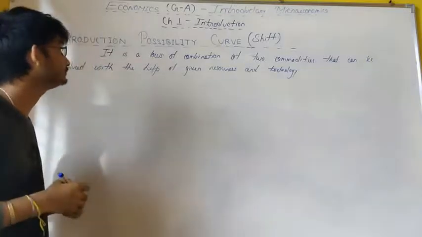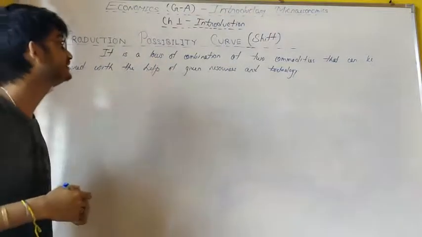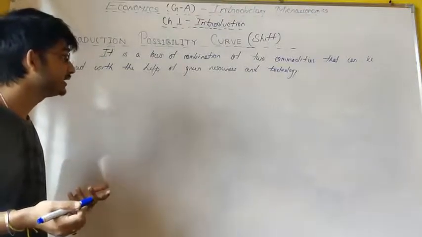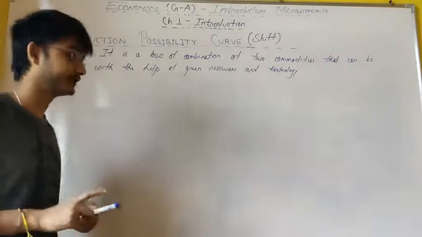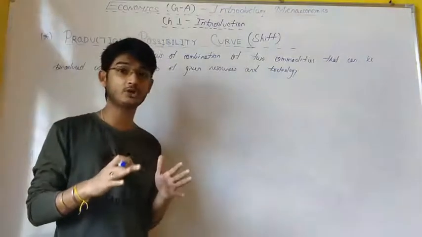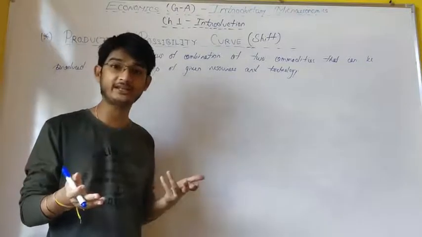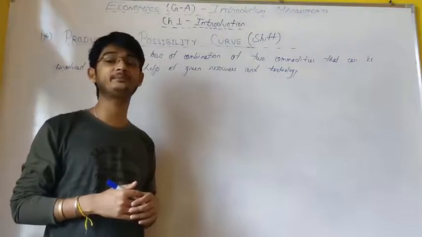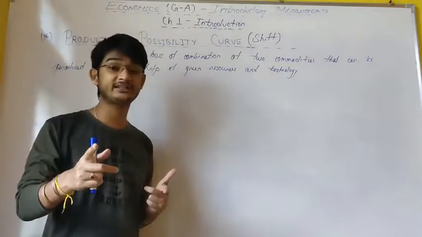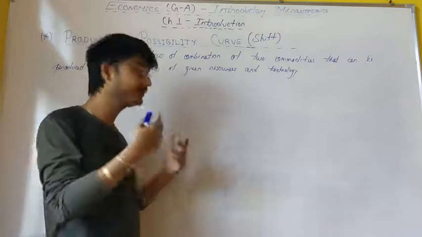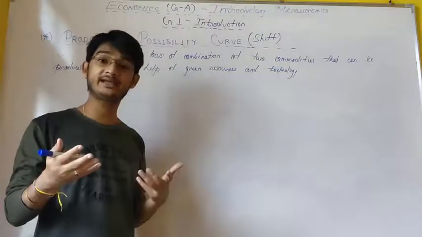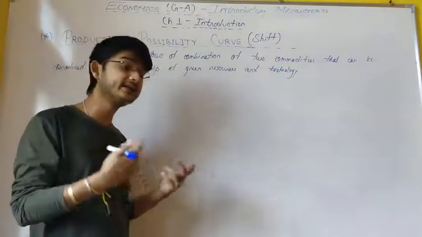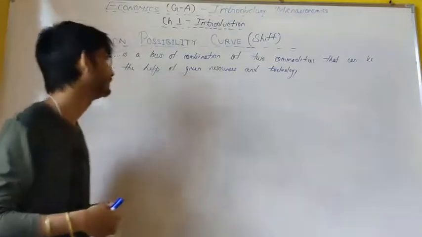So whenever there is some change in resources or technology, the PPC will shift. Now, my dear students, I am just focusing on change. If there is some positive change, then we can attain those unattainable combinations. But if there is some negative change, which we will discuss in this video, the production possibility curve will fall because resources will be getting destroyed.